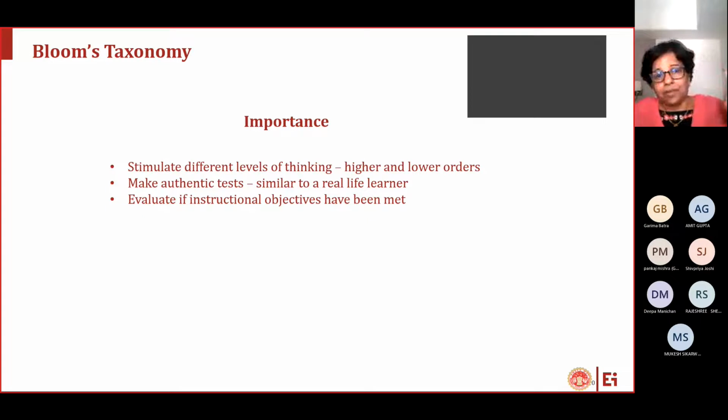So the test should be very close to the real life skills the child will require. If we say my test is authentic, it means that the skills tested by my test are very close to real life situations.